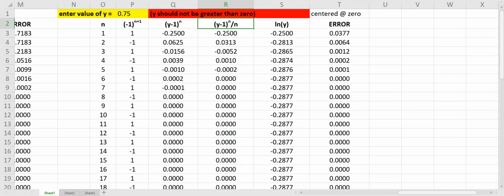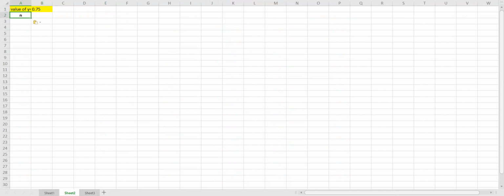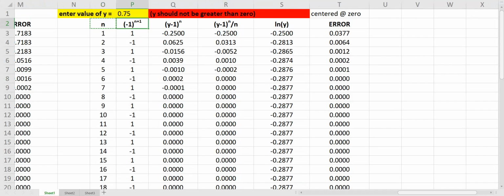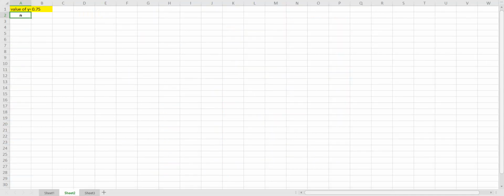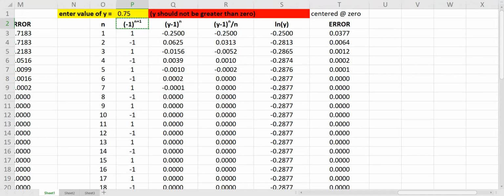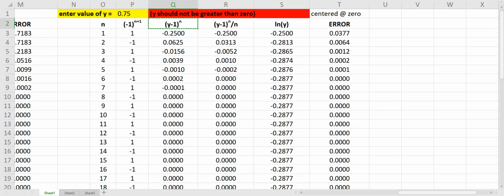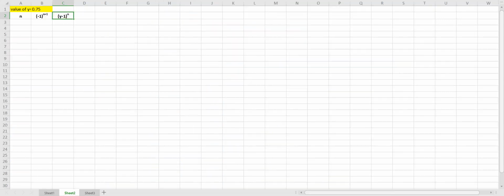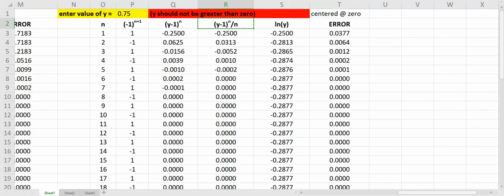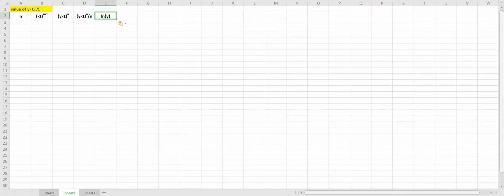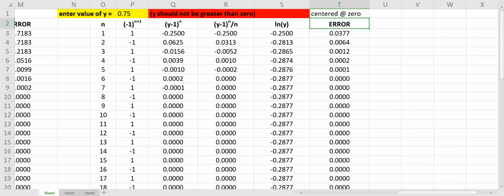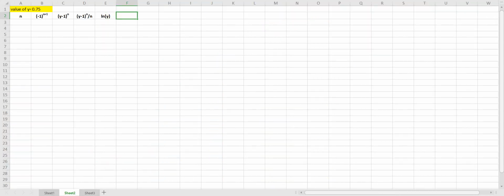I'll just copy the values of this. Now we're done with the labels of the corresponding columns.